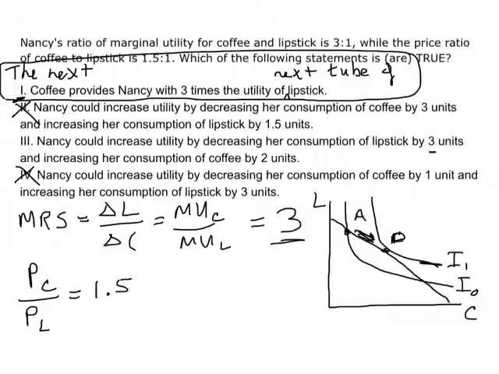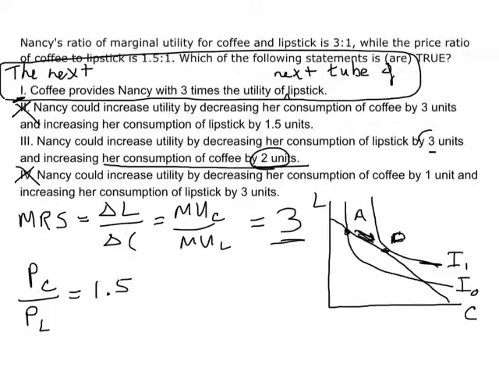By gaining 2 cups of coffee, and each cup of coffee provides 3 times the utility that she gives up in lipstick. If each lipstick is 1, then each coffee would be 3. She'd be giving up 3 to get 6, and that's a good deal.